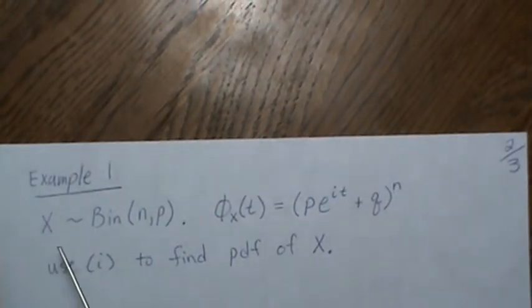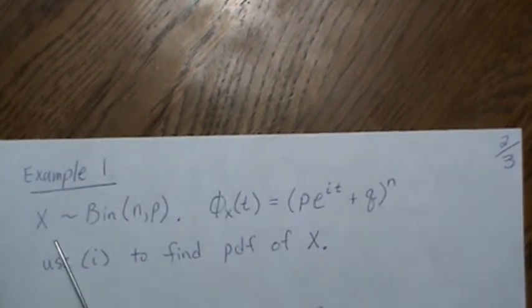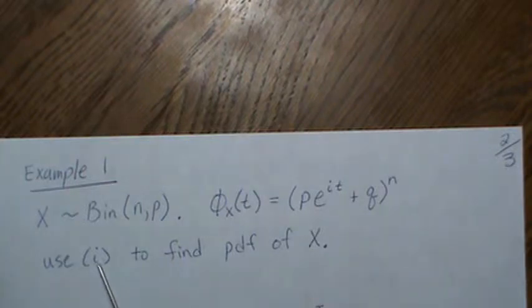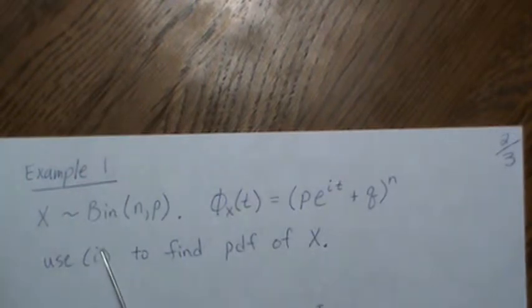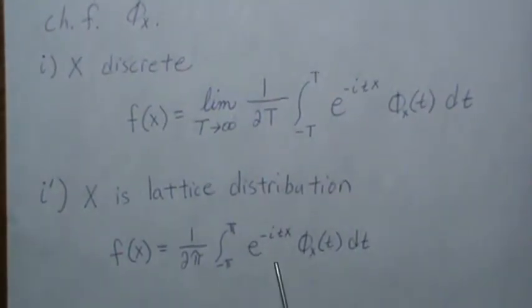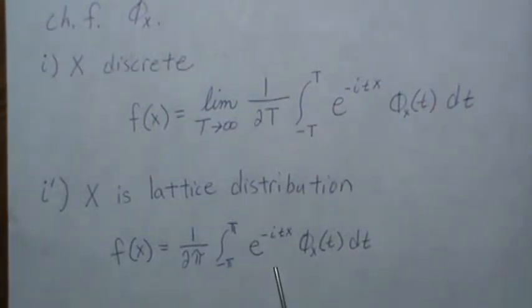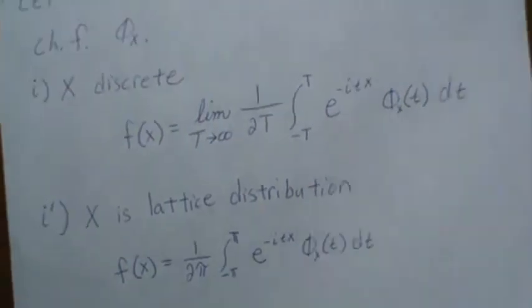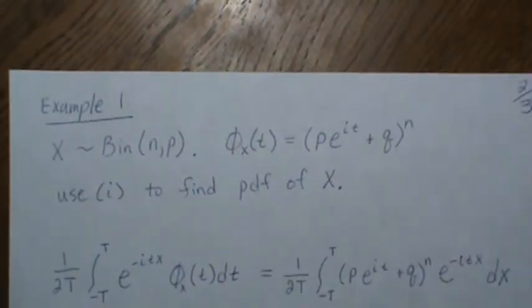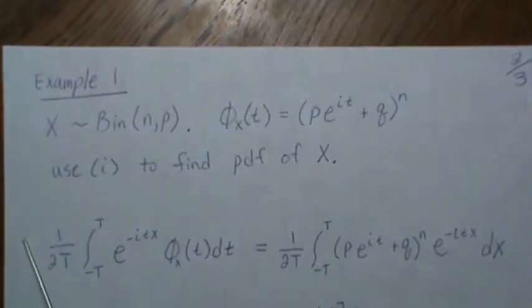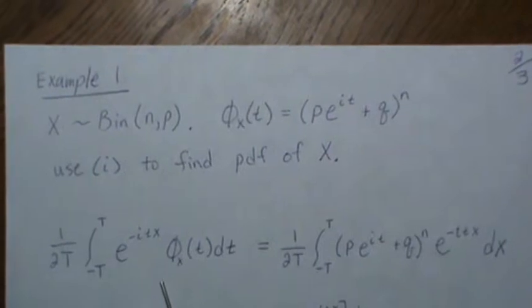It should be noted that x is actually in the lattice distribution family, and so we could actually use I star or I prime, and I'm going to flash back to these. So we could use this simpler version to find the PDF, but we're going to use this more complicated equation just for illustrative purposes. So here's the equation without the limit sign. We'll do that at the end.